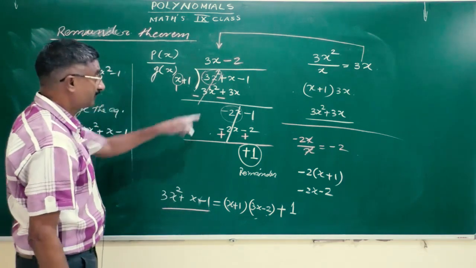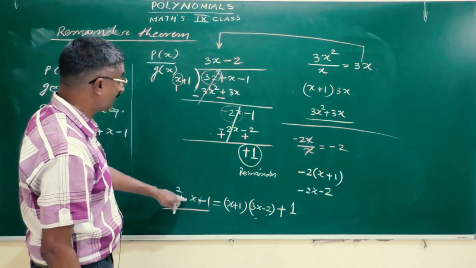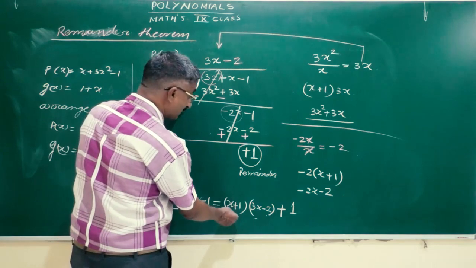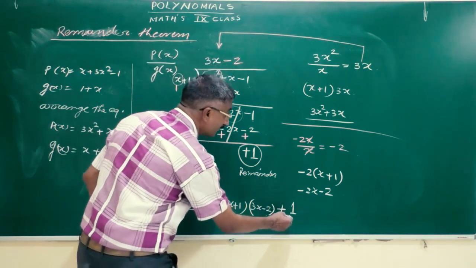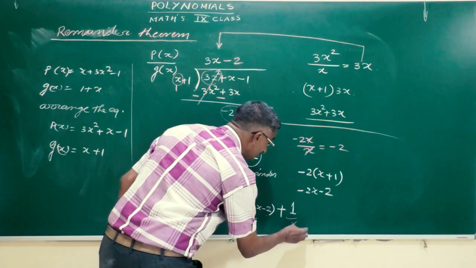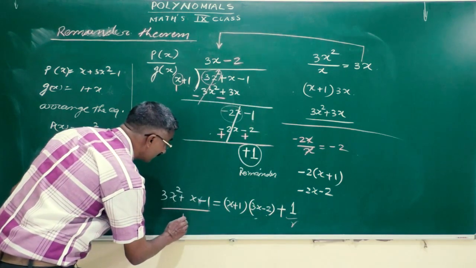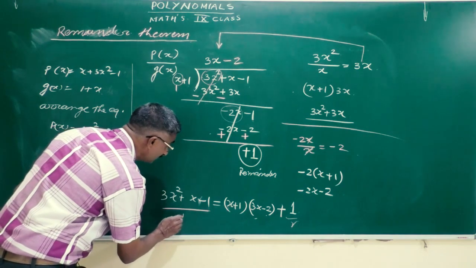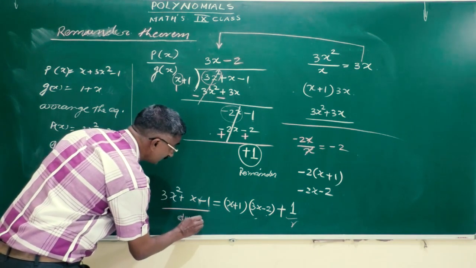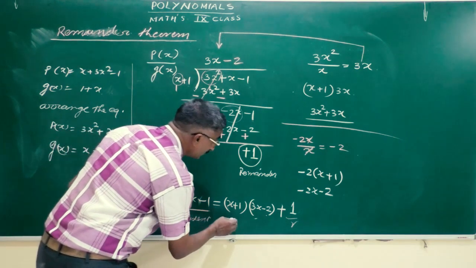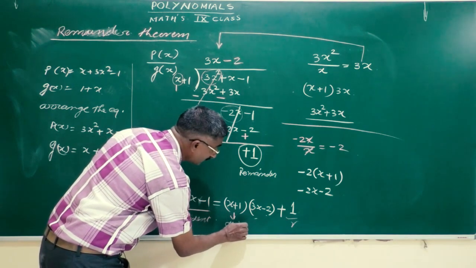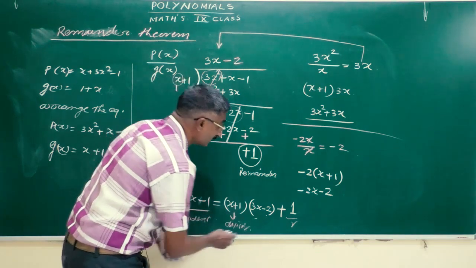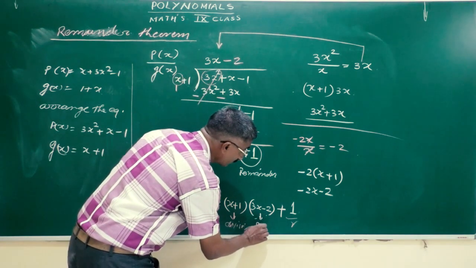This is the result. 3x square plus x minus 1 is the dividend, x plus 1 is the divisor, 3x minus 2 is the quotient, and 1 is the remainder.